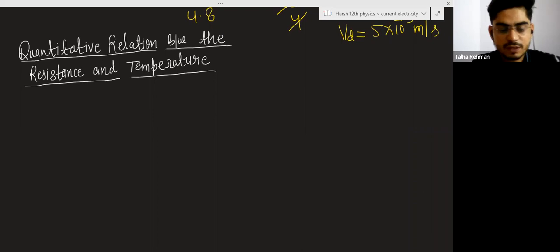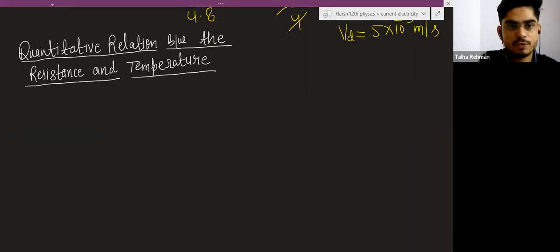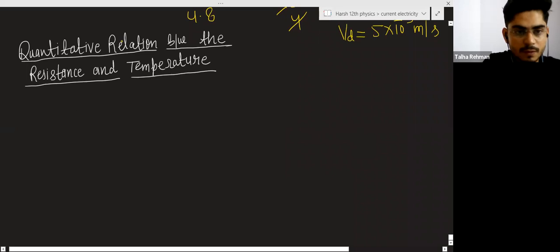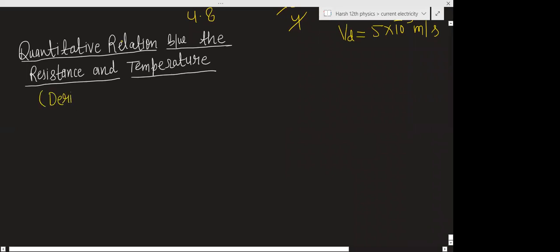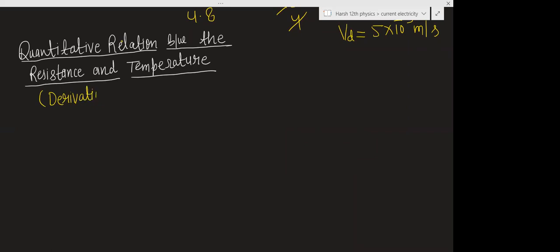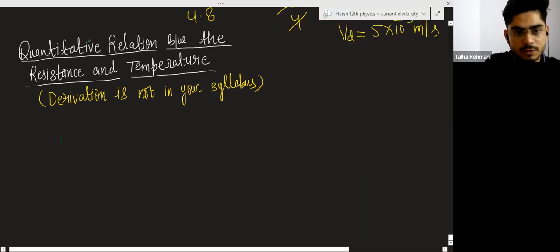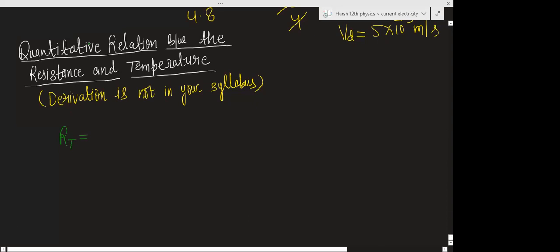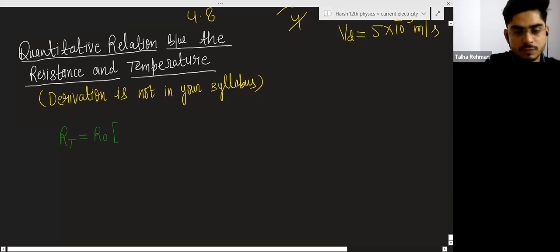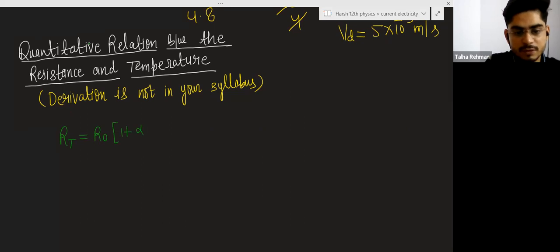So the derivation of this is not the part of your syllabus, so I'm just writing the formula only. So this is the formula. R suffix T is equal to R naught into 1 plus alpha into T minus T naught.